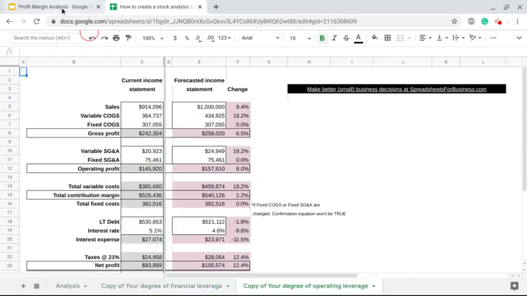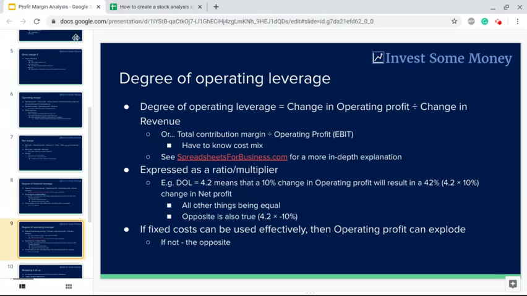Okay, we'll come back to this operating leverage sheet here because this is kind of a different animal, particularly as it relates to investment analysis. So typically, the way I would like to calculate degree of operating leverage is to take total contribution margin and divide it by operating profit.